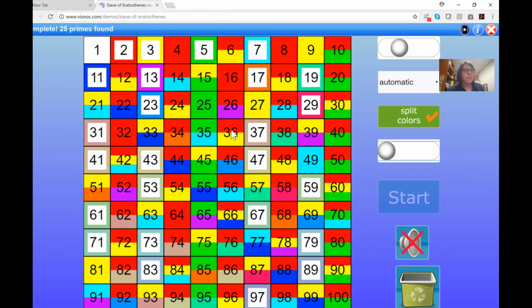They are not divisible by anything except themselves and 1. Those are the prime numbers. So you've just been introduced to this very ancient sieve of Eratosthenes from ancient Greece on a brand new computer program that gives you prime numbers.